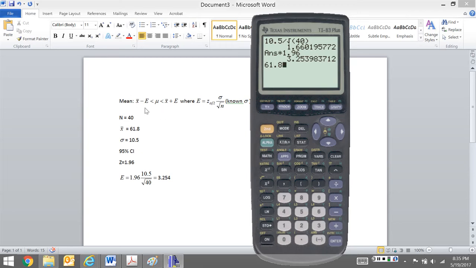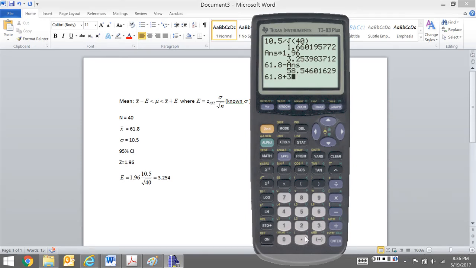Okay, so I'm going to do 61.8, so that's my X bar right there. And now I'm going to subtract my E, so I'm going to bring up the answer. So 58.5, this is my first value. Now I have to do this the other way. So I've got 61.8 plus, this is what I get for trying to use the keyboard instead of the mouse.